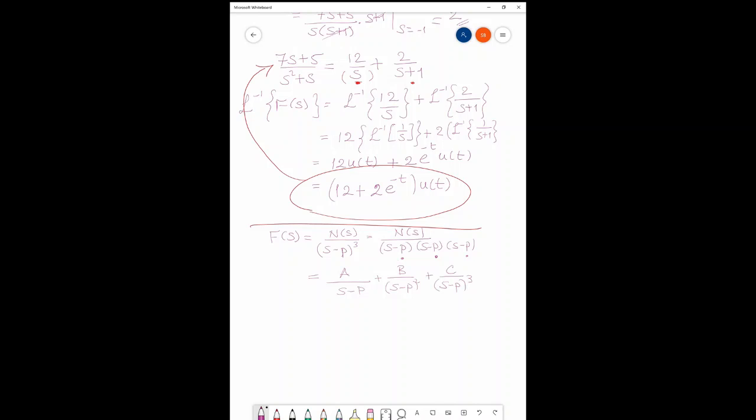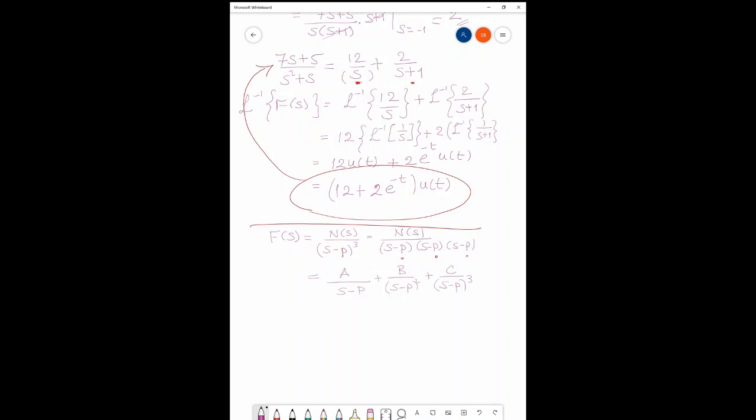So that's how we are going to decompose it. We are not going to use just one s minus p, but s minus p squared and s minus p cubed. So the question is, what are the values of a, b and c going to be?